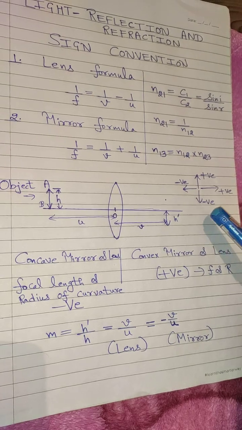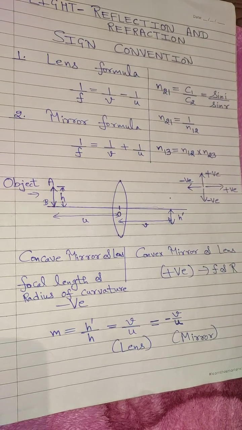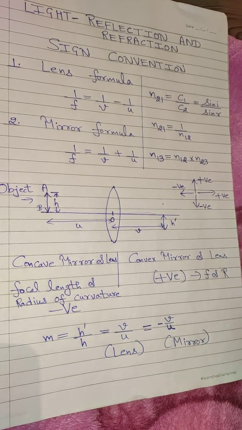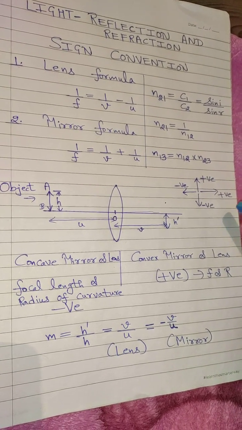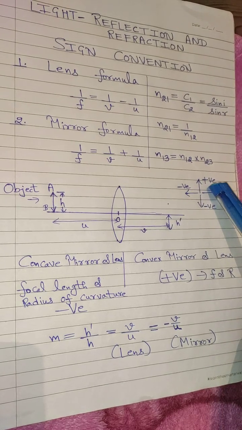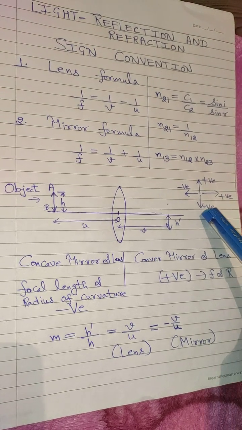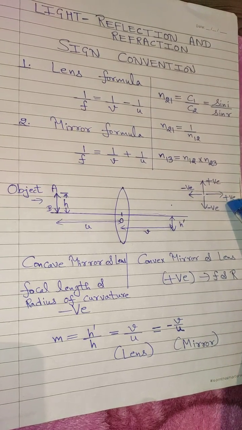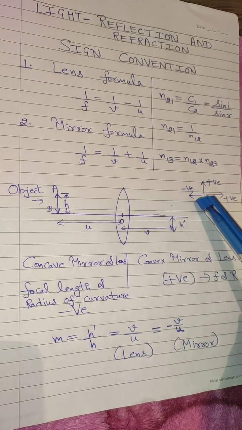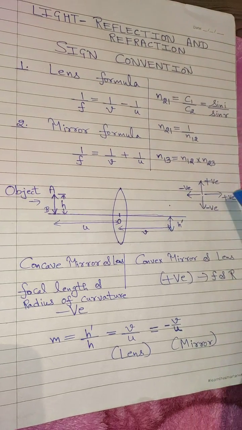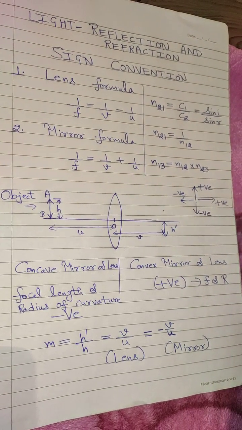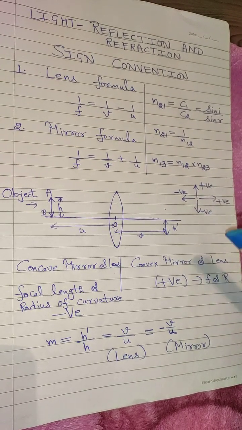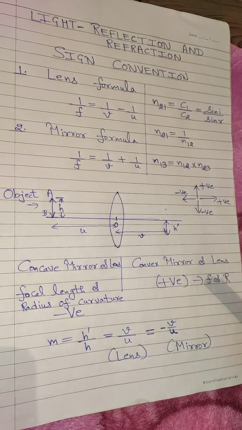As we have the coordinate axis sign convention, the same sign convention will be followed here. For the upper side we use a positive sign and for the downward side a negative sign, and for the right side we use a positive sign and for the left-hand side a negative sign. So the same sign conventions used in the coordinate axis will be used in optical sign conventions.